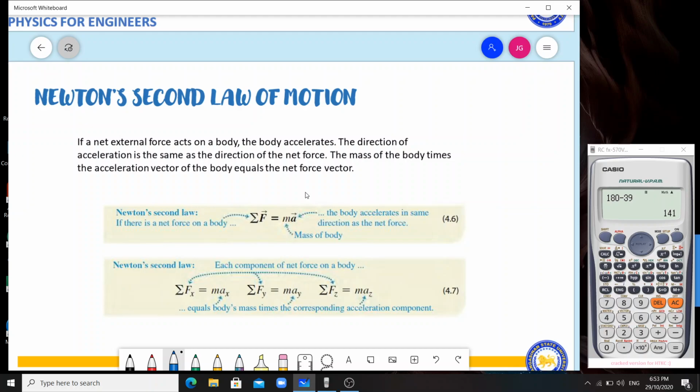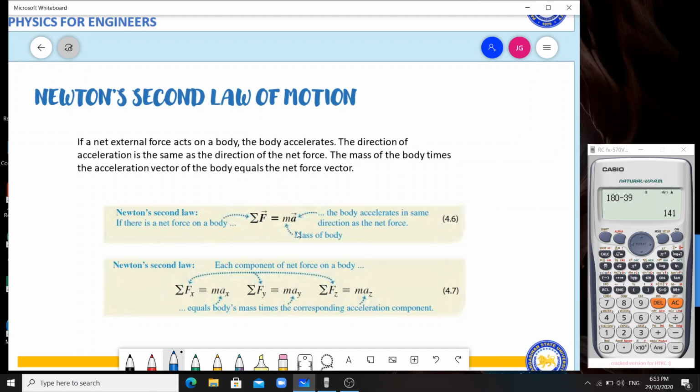Dito naman sa second law of motion, kapag acted upon external force na siya, the net force will make the body accelerate. Okay? At yung direction ng acceleration is the same with the direction of the force. Okay? So, summation of F is equals to MA.